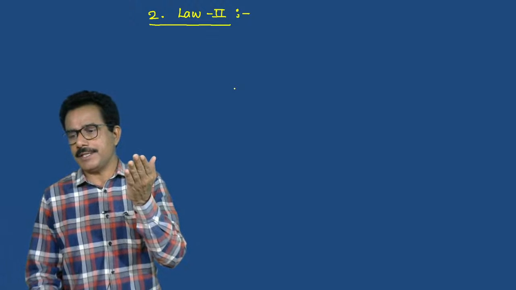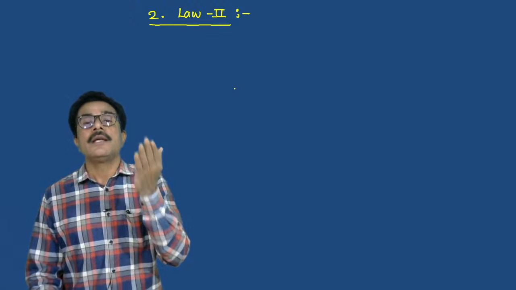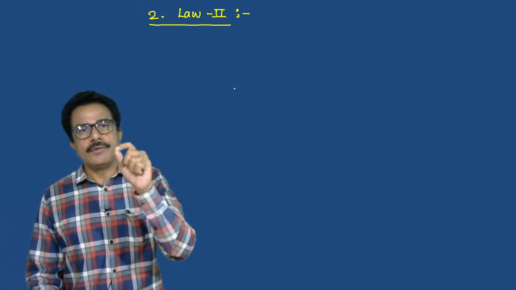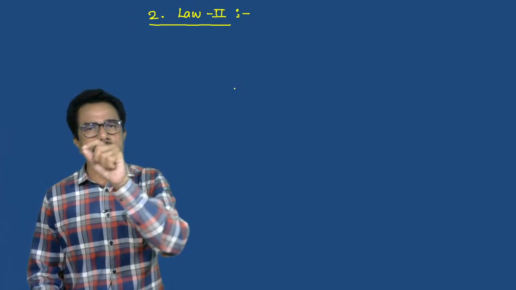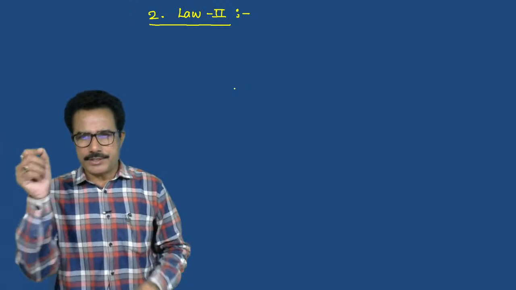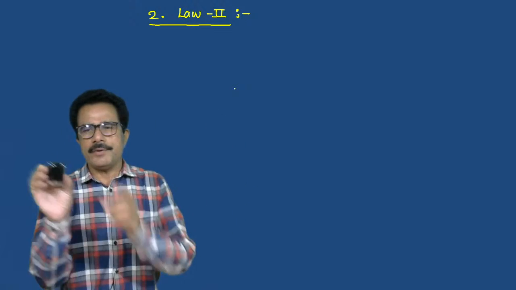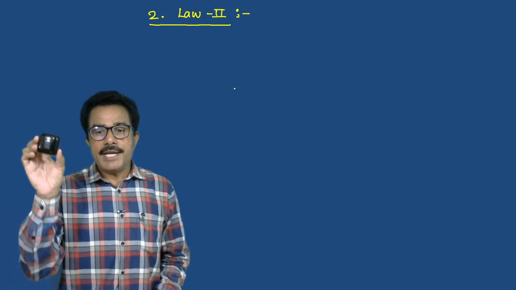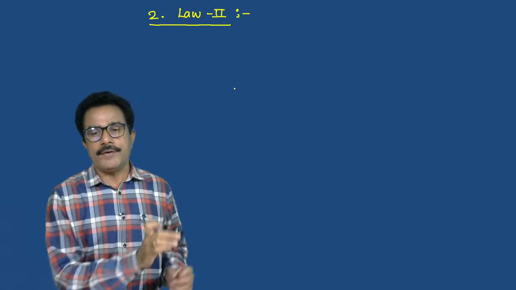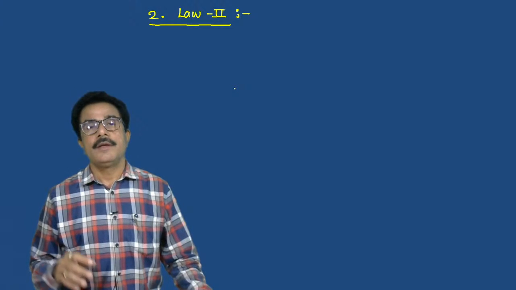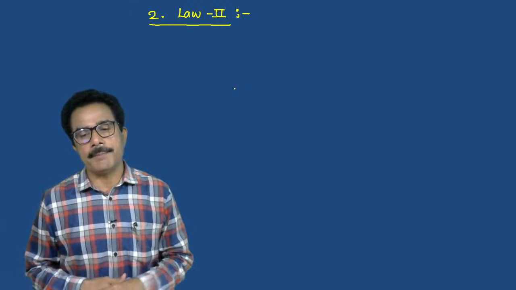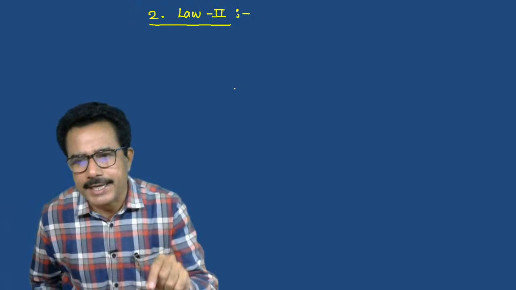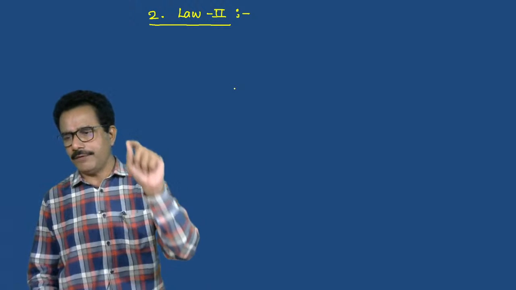Actually, linear momentum is the product of mass and velocity. So the change of linear momentum of a particle is directly proportional to the impressed force. This is the main second law, and it is in the direction of the line of action of the force.